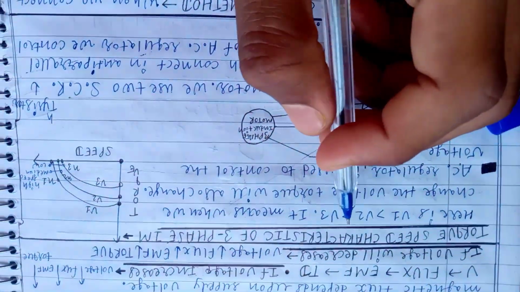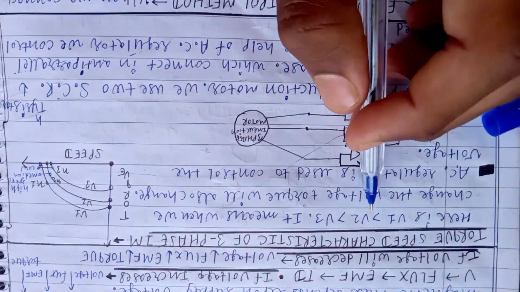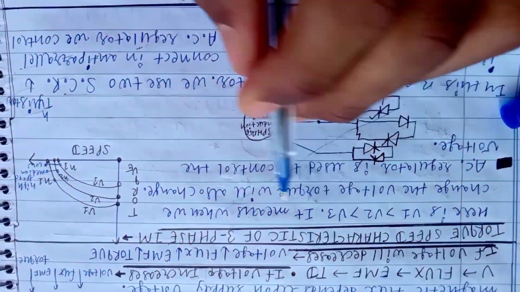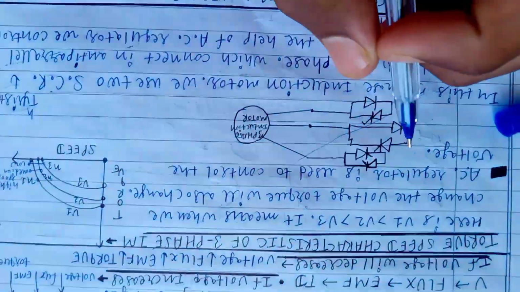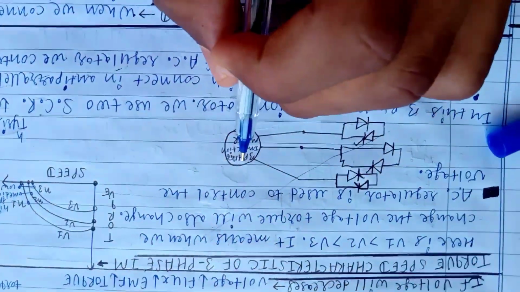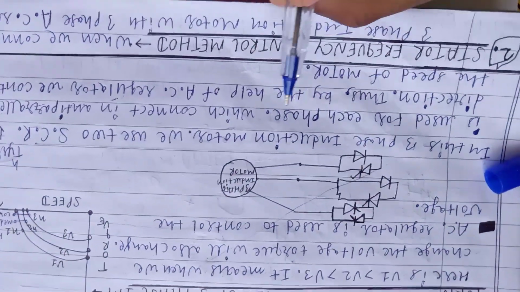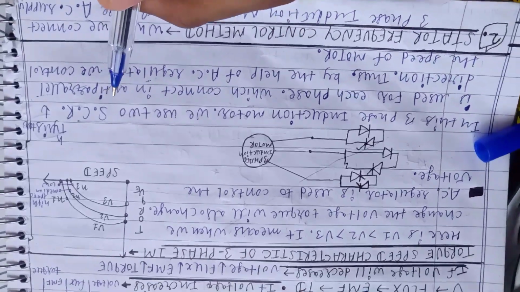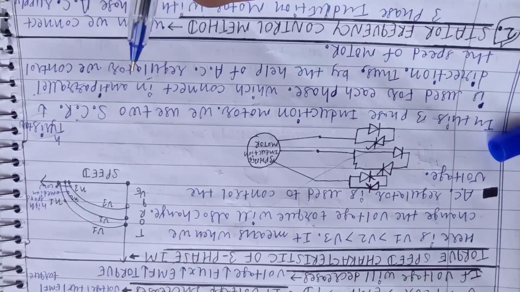Now the torque-speed characteristics of a three-phase induction motor. Here V1 is bigger than V2 and V3. It means when we change the voltage, torque will also change. An AC regulator is used to control the voltage. In this three-phase induction motor, we use 2 SCR thyristors for each phase, connected in anti-parallel direction.